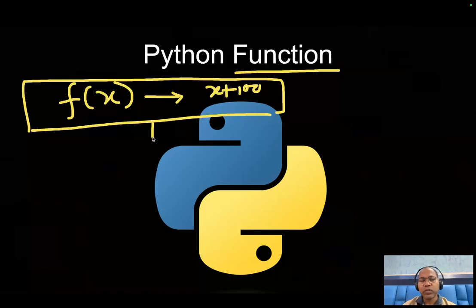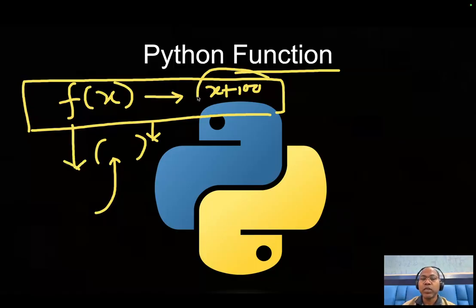The mathematics concept is implemented here in Python. So you write the function name, and then the parentheses. The parentheses can take some input parameters, whatever the function requires to perform.